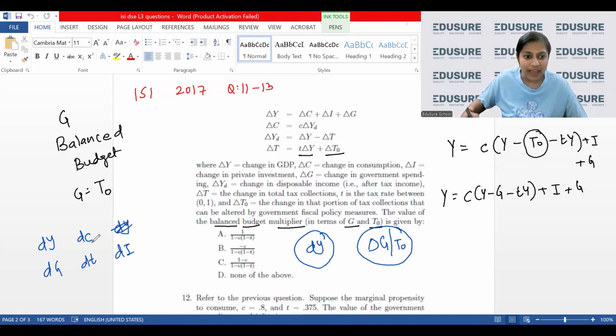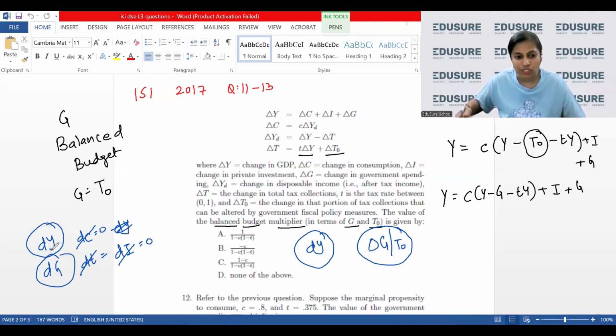So that means the change in other terms, dC, dT, and dI, I put them equal to 0. Okay, so when my purpose is to find dY by dG, I differentiate this in a manner that I only let dY and dG have positive changes, and the changes in other values, I can take as 0.